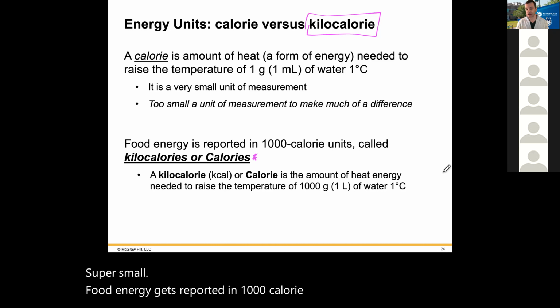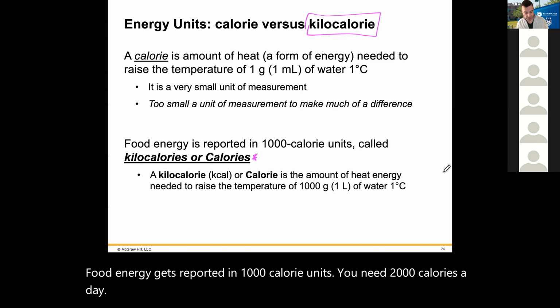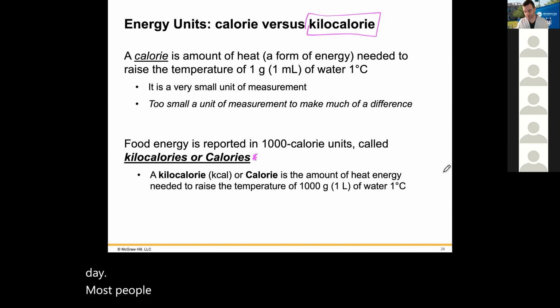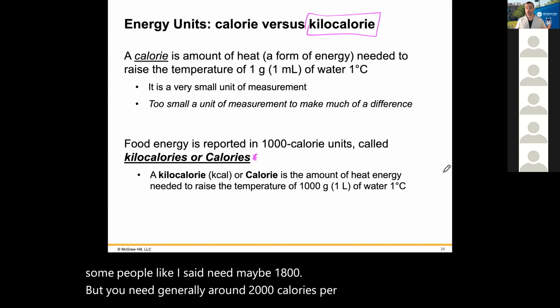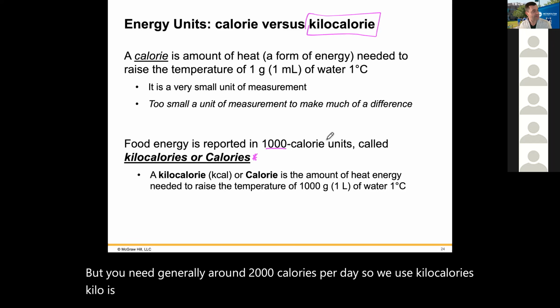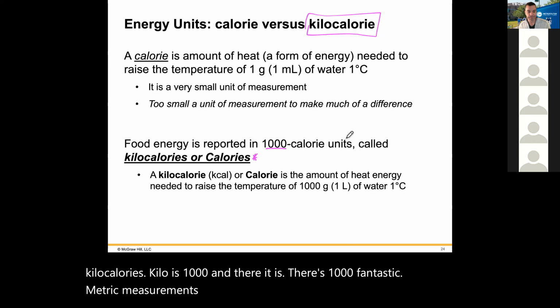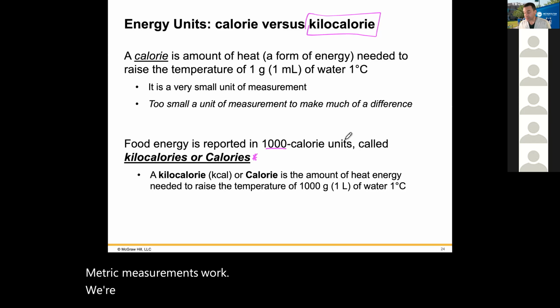You need 2,000 calories a day. Most people. Some people, like I said, need maybe 1,800. But you need generally around 2,000 calories per day. So we use kilocalories. Kilo is 1,000, and there it is. There's 1,000. Fantastic. Metric measurements work. We're Americans, so we like to do things different.